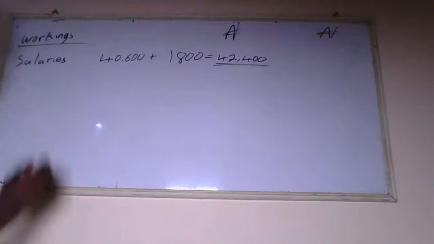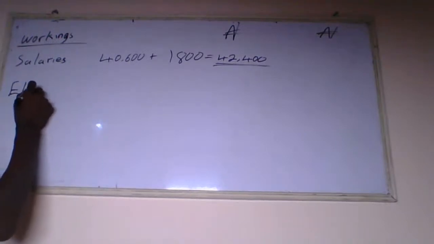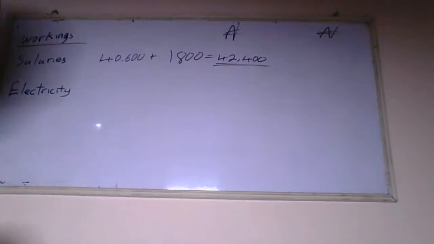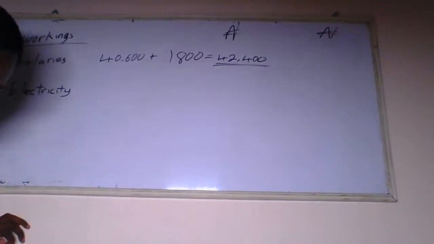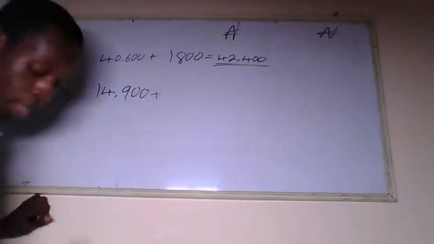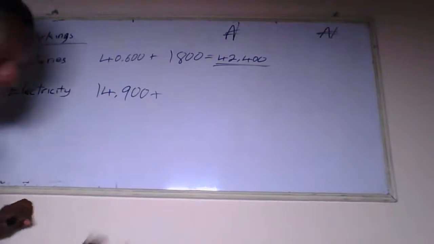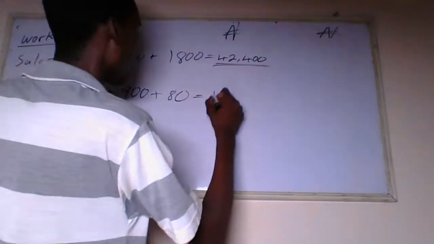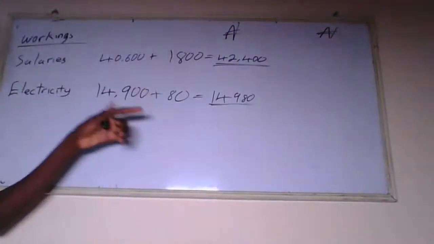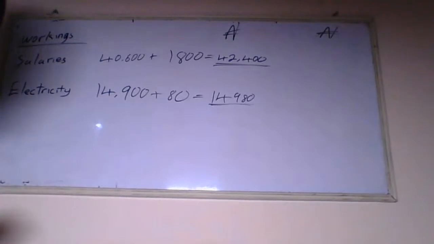Next, we have electricity. The figure given to us under electricity is 14,900, and the accrual is just 80, giving us a final answer. This is the amount you're using for electricity. Next, we have prepaid expenses for insurance and general expenses.